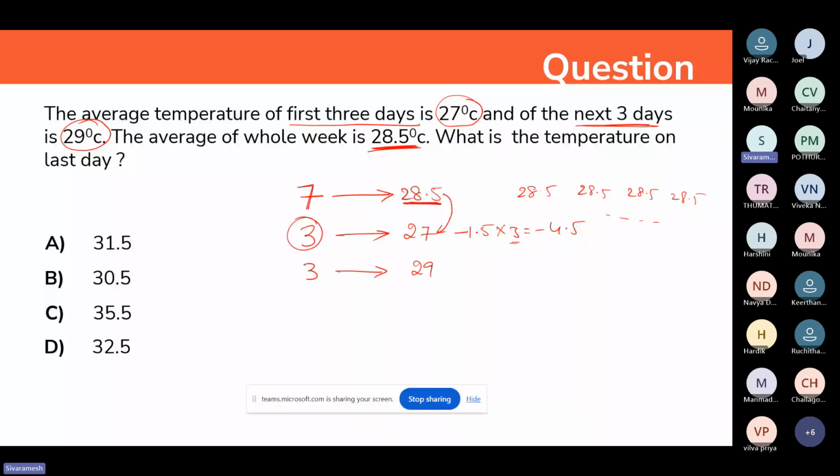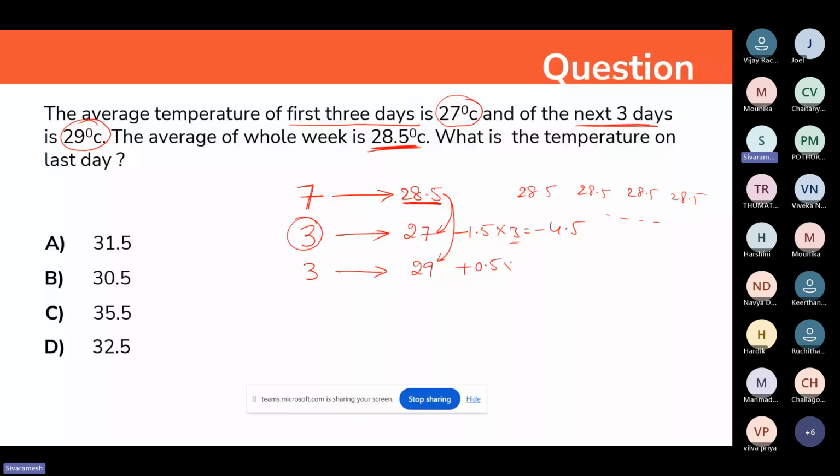So how much got increased? 0.5. So 0.5 degrees extra for Thursday 29, Friday 29, Saturday 29, likewise for 3 days.